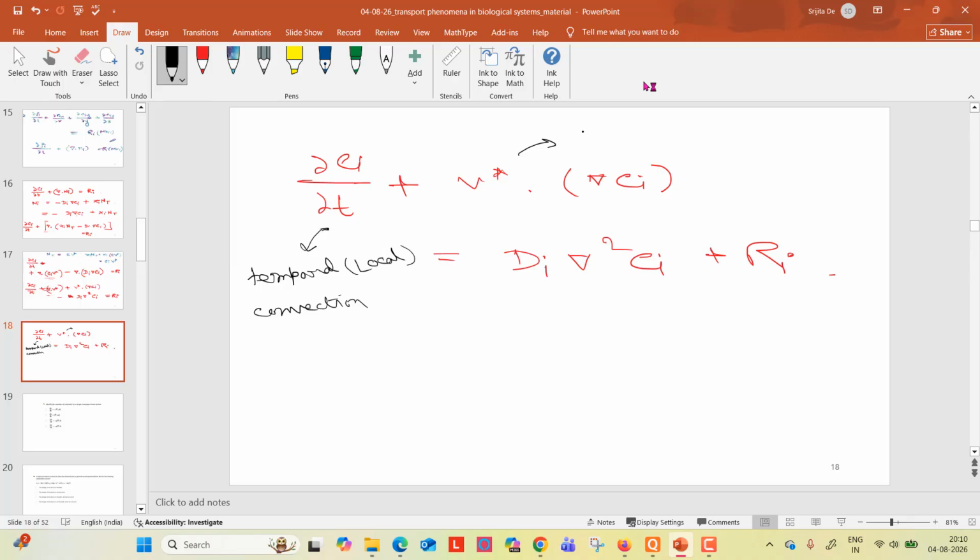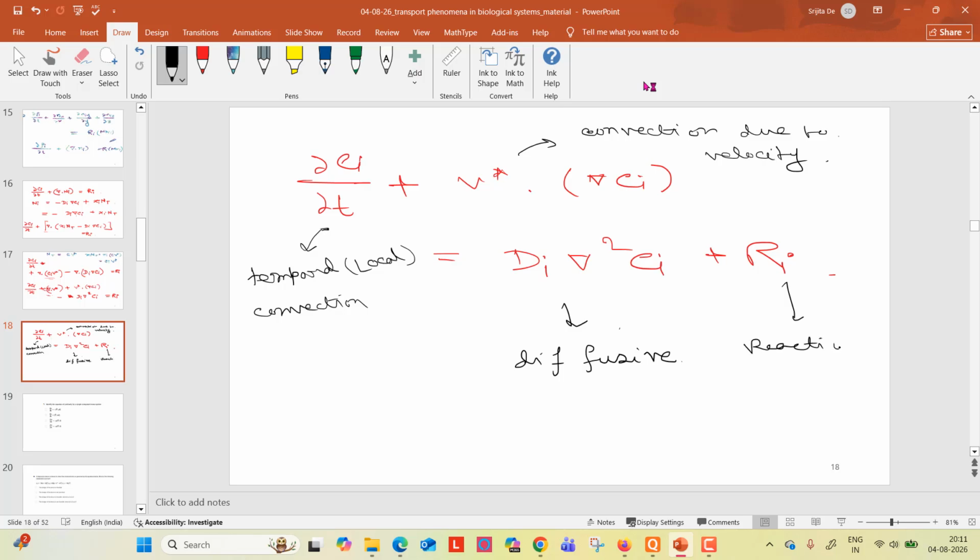This is your convection due to velocity, right? This term is the diffusion term or diffusive term, and this term is the reaction term, right?